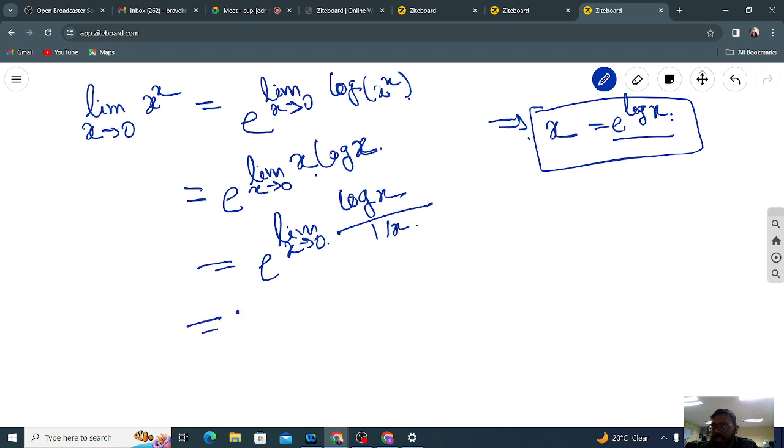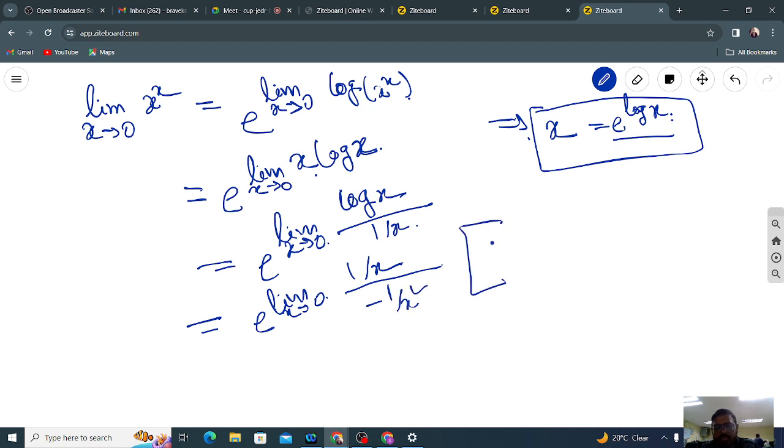And now use L'Hospital's rule. The derivative of log x is 1 by x, and the derivative of 1 by x is minus 1 by x square.